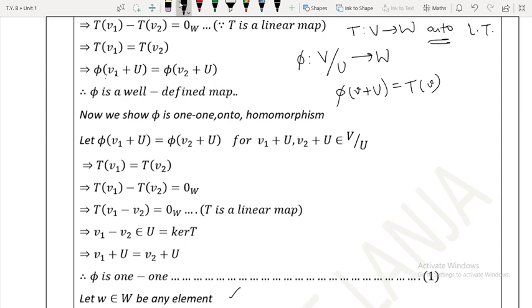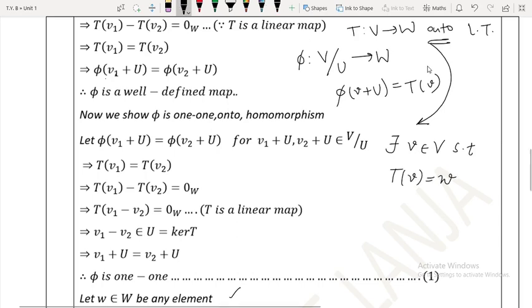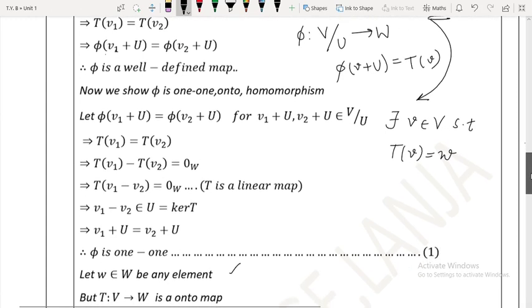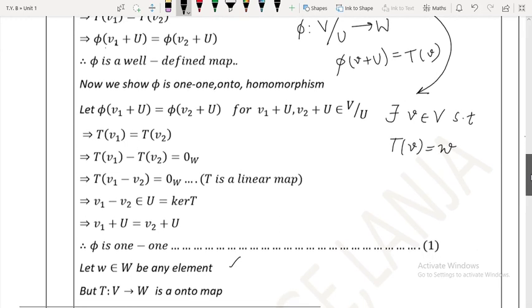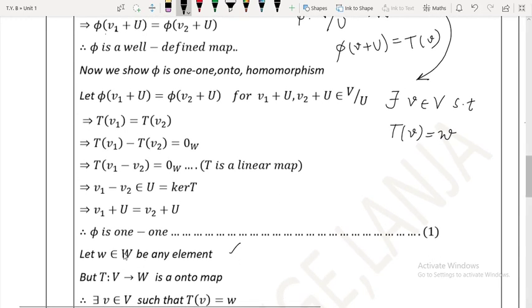So I'll say therefore, since this is onto, there will exist v belonging to V such that T of v is equal to w. Is that okay? So that is what I have written. T from V to W is an onto map, so therefore this will happen.